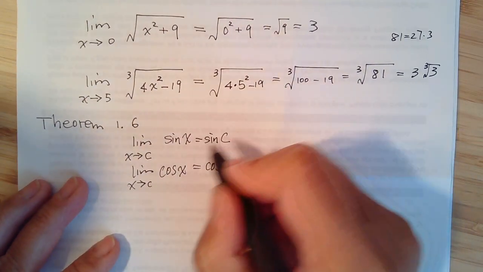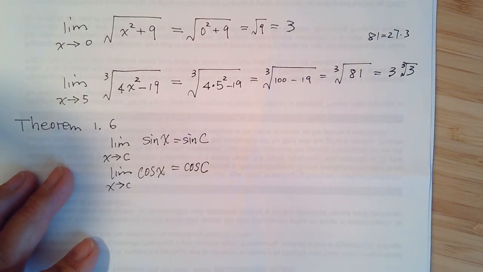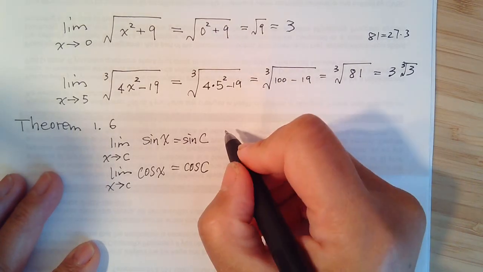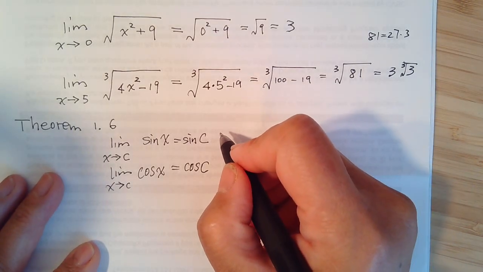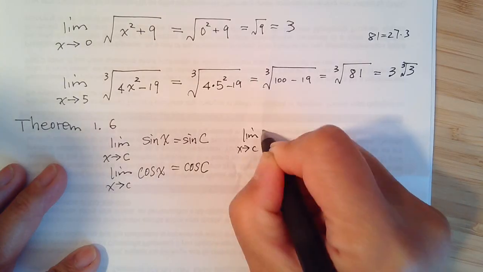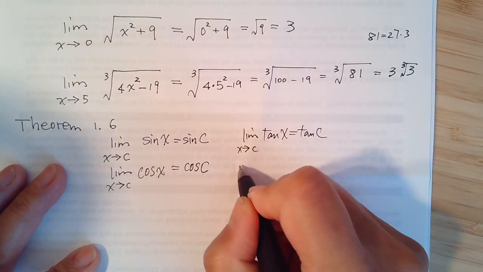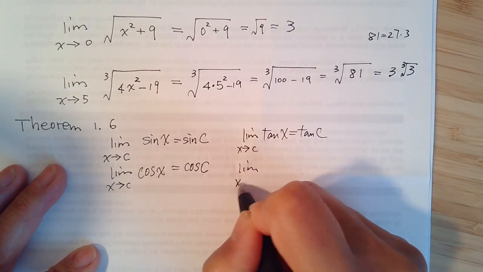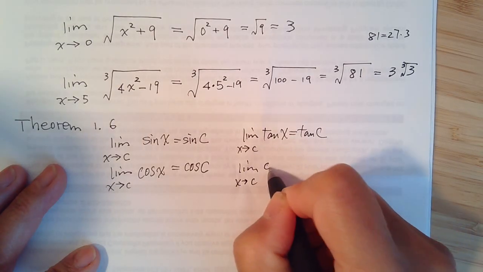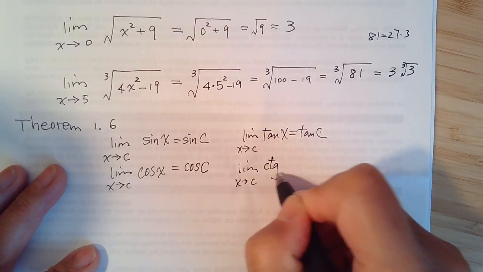The next one will be tangent: the limit as x approaches c of tangent x will be tangent c. Again, you're going to say, wait a minute, are you doing direct substitution again? I am. Cotangent, some books say COT, some say CTG.